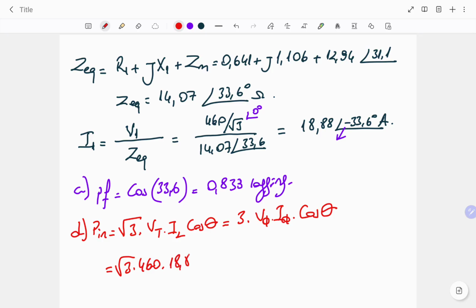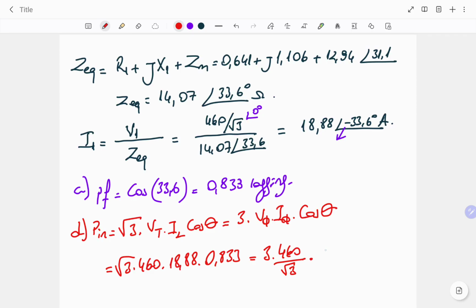So 18.88 will be the current. And cosine theta, according to our calculation, will be 0.833. Or with the second version of the input power calculation, we can write V phase 460 divided by square root 3.